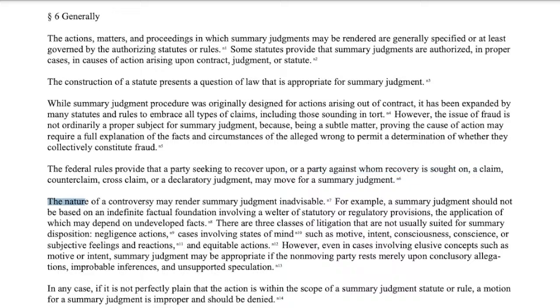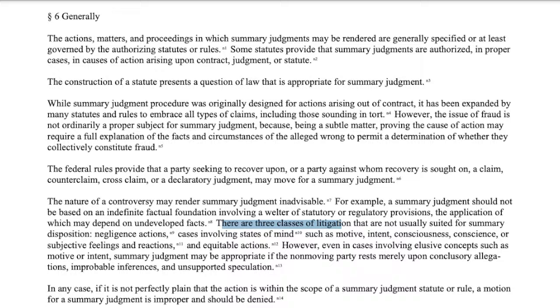Wow. The nature of a controversy may render summary judgment inadvisable. For example, a summary judgment should not be based on an indefinite factual foundation involving a welter of statutory or regulatory provisions the application of which may depend on undeveloped facts.